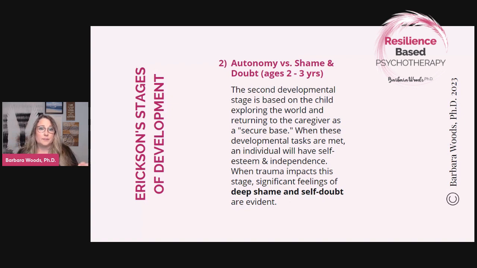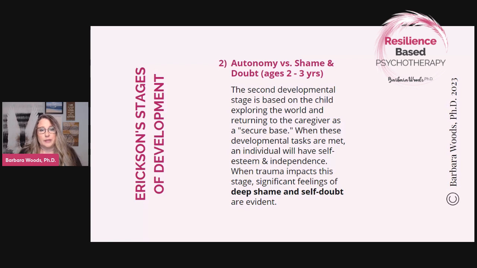So it may be the parent experiences a deep sense of shame, and the child will as well, because there's not that feeling of self-esteem and independence. It's possibly not encouraged in the family or the environment. There might be so much chaos that they really can't develop these qualities.